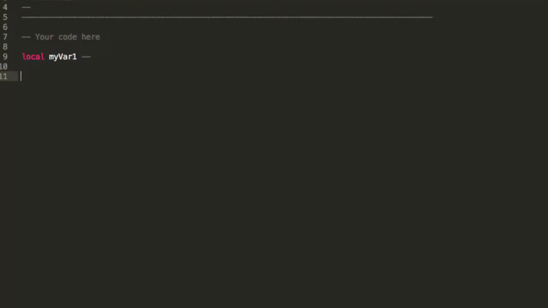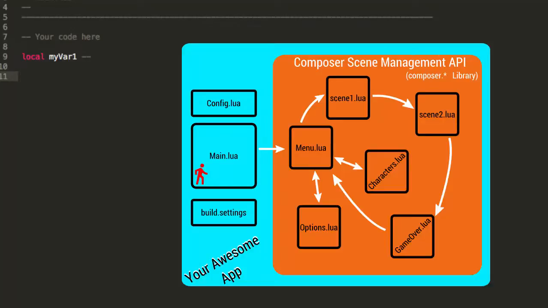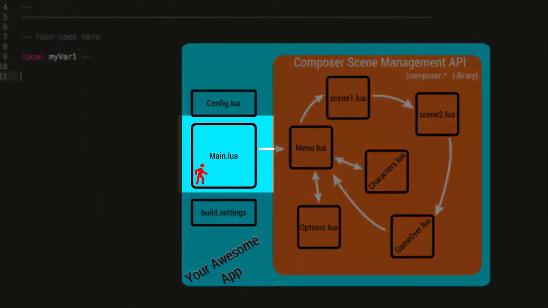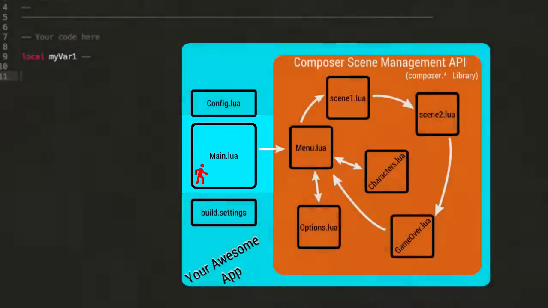Now, if we refer back to our overview map, what that means is if you define a local variable in main.lua, then you can only access it and use it within main.lua.